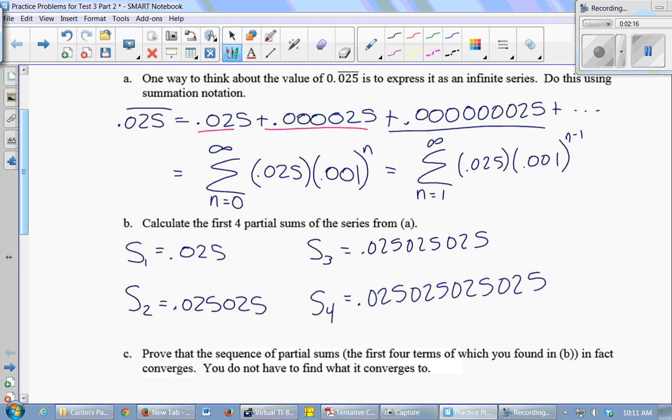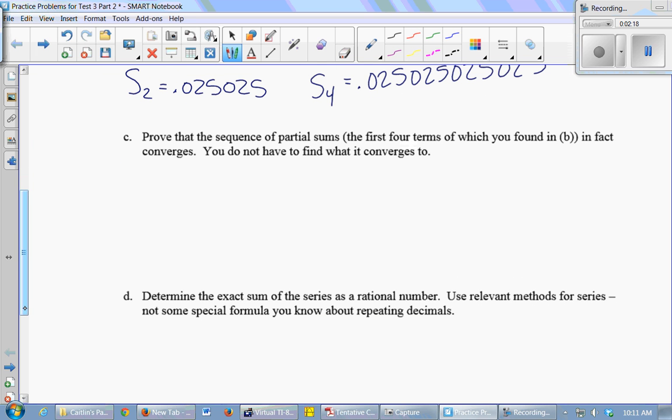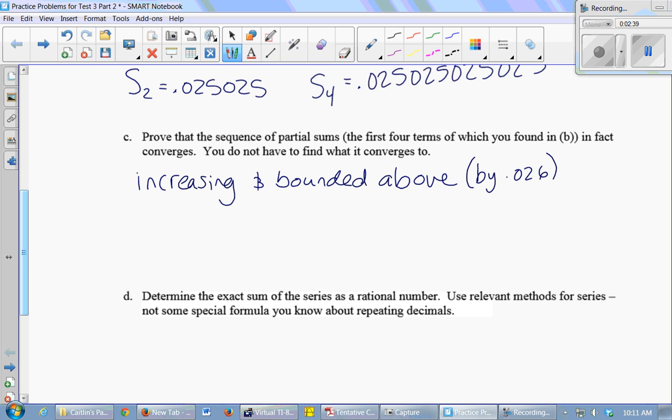So to prove that this sequence of partial sums converges, you could either say it is increasing and bounded above, right? We know that this thing will never get bigger than, say, 0.026, which implies that it must converge.